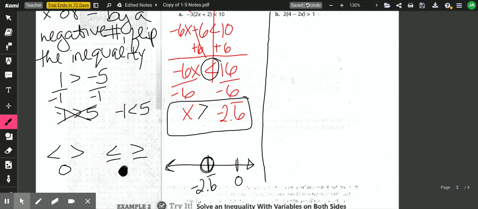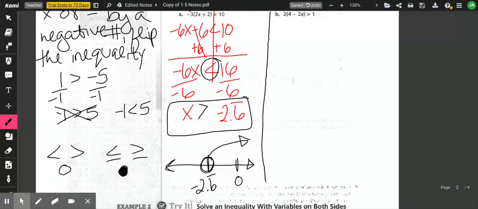That's part of my answer. Because what this is saying is that as long as x is bigger than -2 2/3, that answer will work in this inequality. So I'm going to point my arrow in the direction where all the numbers are bigger than -2 2/3, which happens to be this way, okay, because those numbers are bigger.